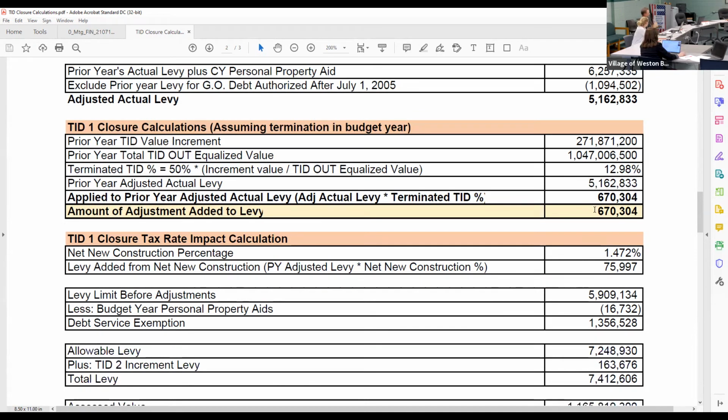And then we could adjust the levy any amount between 0 and 670,304. You don't have to take it all. Yeah, but we're not sure if we can carry it over. I think it's one time. Yeah, we think it's one time. So the issue, and that's what you're asking, is that you have to take it at that particular moment.